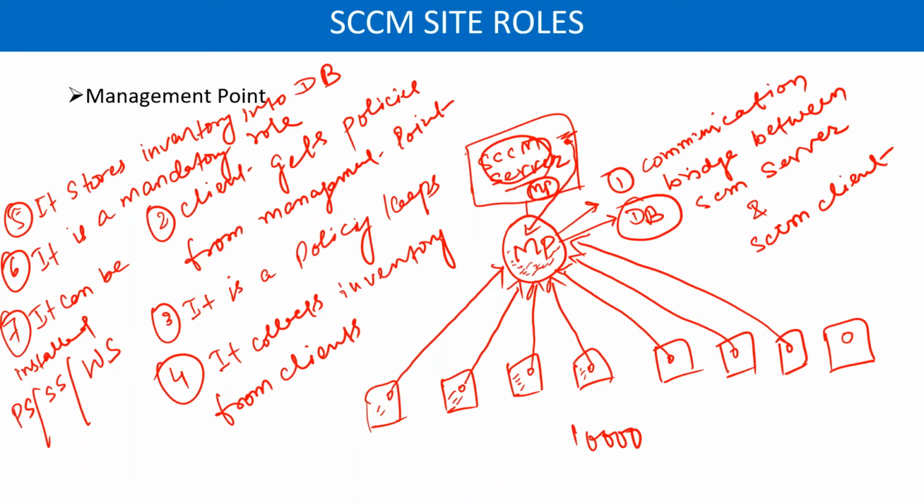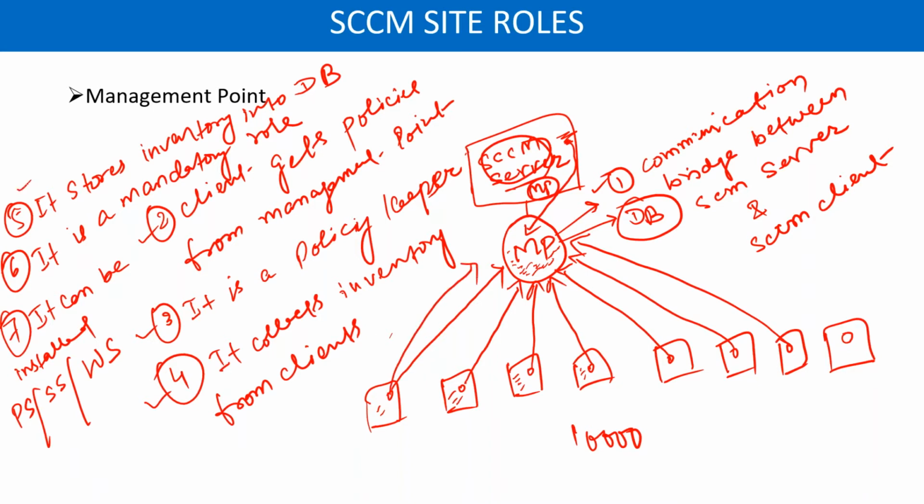So let me summarize again. Point number 1, it's a communication bridge between the server and the client. Second point, the client gets policies from the management point. Third point, it's a policy keeper. It keeps the policies. Then it collects inventory from the clients. The client will send the inventory data to the management point.